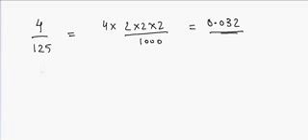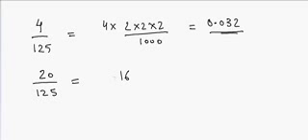Again, if I have 20 and want to divide by 125, then 2 into 8 is 16, so add 16 here, and then I have one more 0 here, but then I can do this, so this will be my answer.